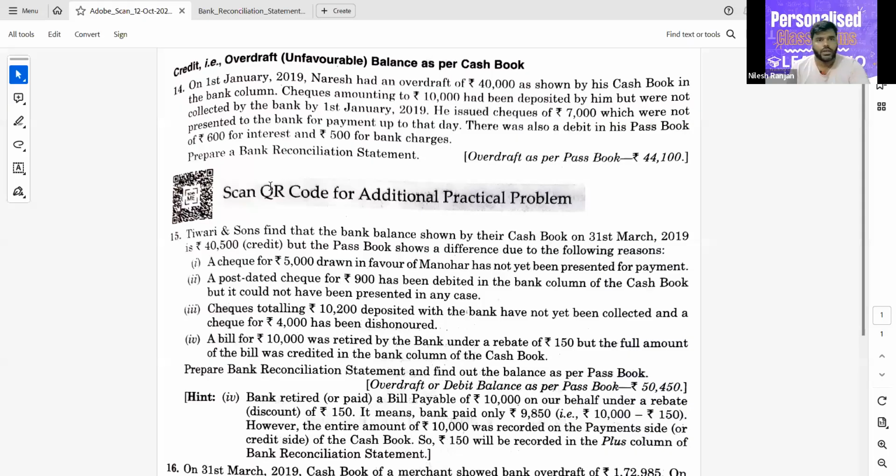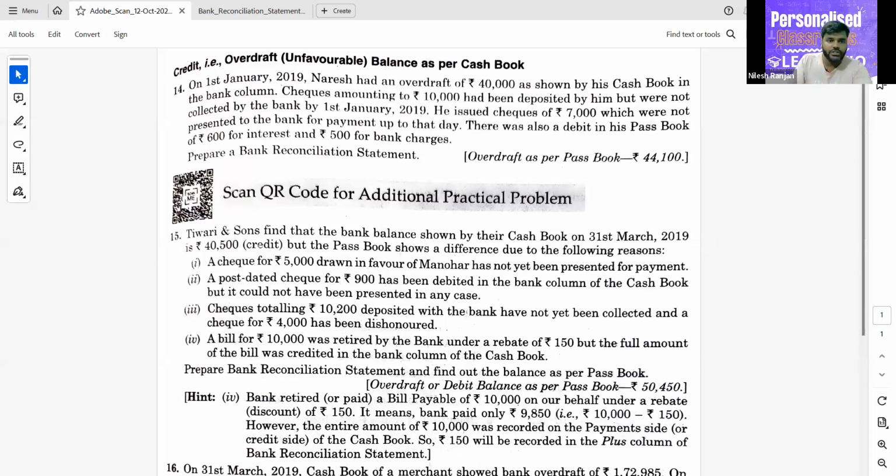Now, on 1st January 2019, Naresh had an overdraft of 40,000 as shown by his cash book in the bank column. Checks amounting to rupees 10,000 had been deposited by him but were not collected by the bank. So if we deposit a check into the bank, then we will increase our cash book, but there is no treatment in the passbook, so we have to decrease it.